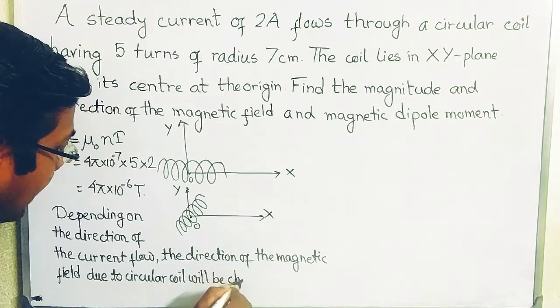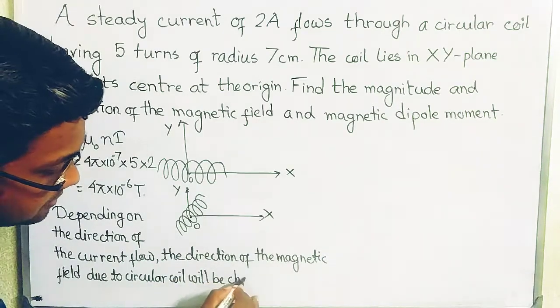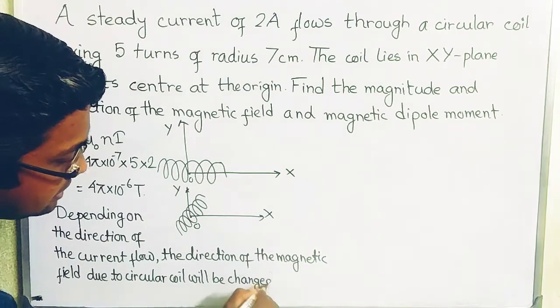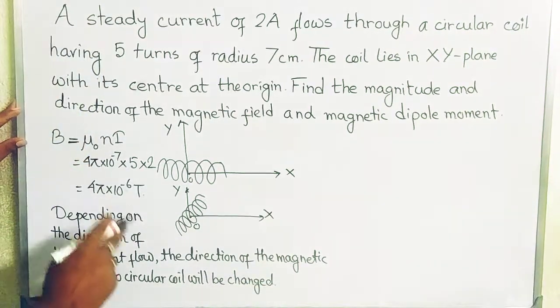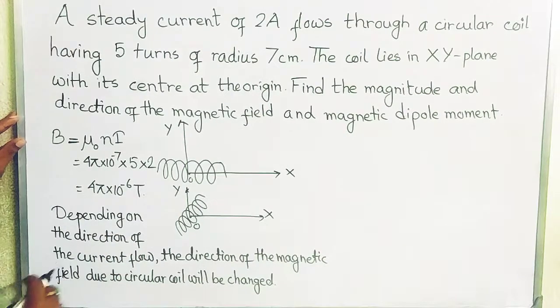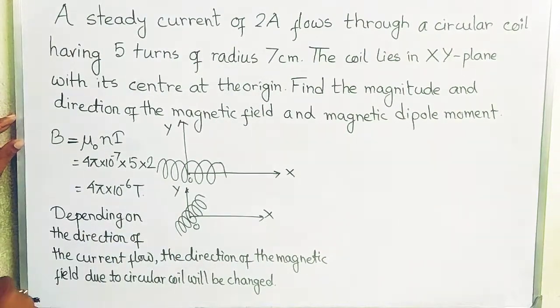Obviously we will apply here the right hand grip rule to find out the direction of the magnetic field, and obviously it is perpendicular to the plane of the coil. That is another important point.